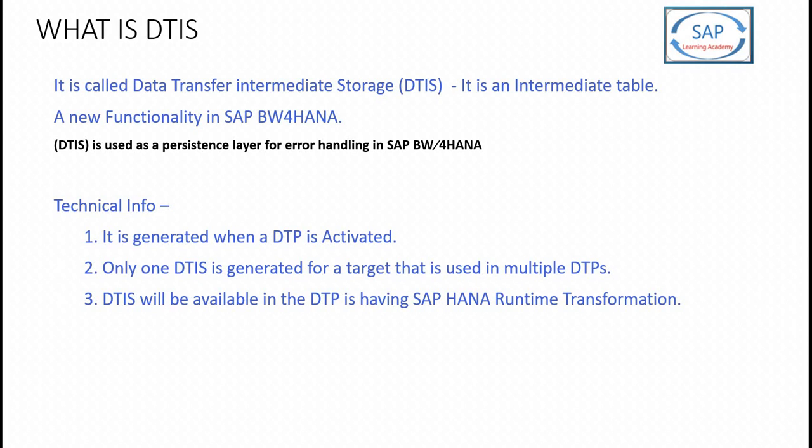DTIS will be available in the DTP which has SAP HANA runtime transformation. So there is a constraint that you need to have the SAP HANA runtime transformation, then only the DTIS will be applicable for that DTP.